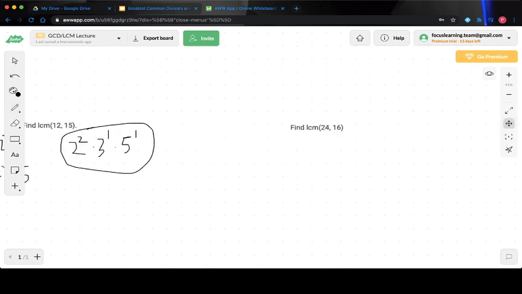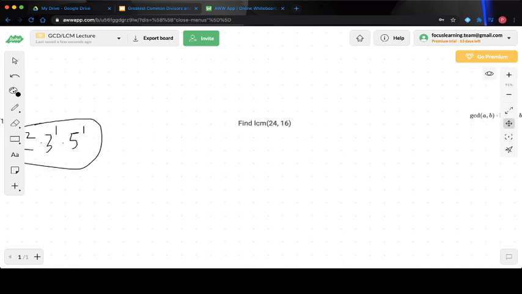And here's the next problem. We're asked to find the least common multiple of 24 and 16. If you have any ideas, just say it in the chat. I'll give you a few minutes.